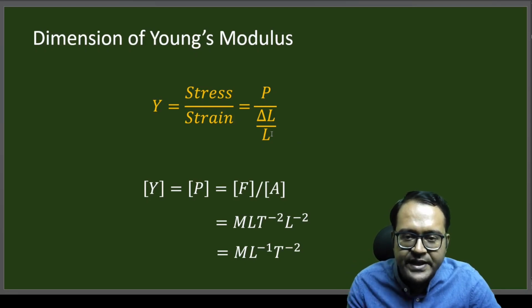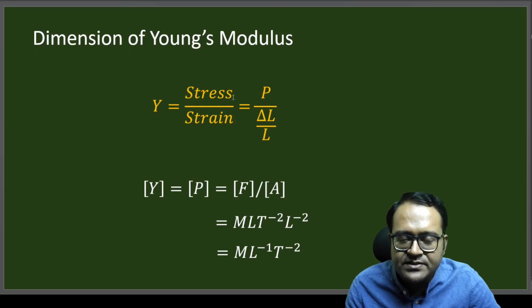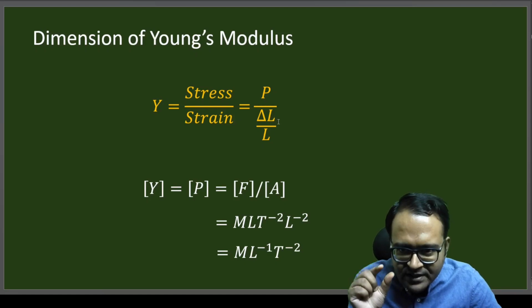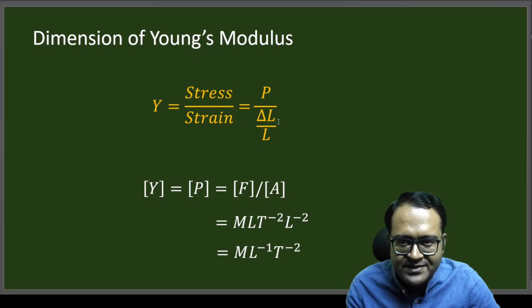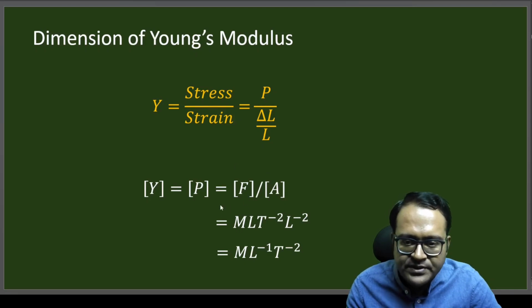So strain is delta L by L. And see, delta L by L will not have any dimension, because delta L is a bit of L and L is L, so the dimension of L cancels out. So the dimension of Young's modulus will be the dimension of pressure itself, because strain does not have any dimension. So this will be force by area, the dimension of pressure. And force, I already know that the dimension of force is M L T minus 2.